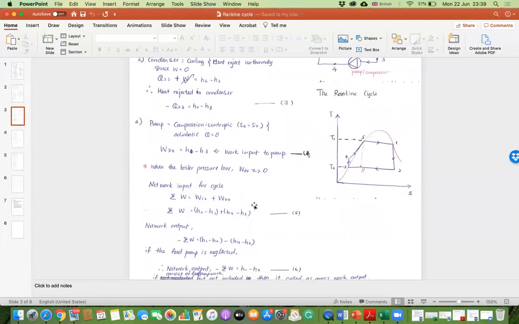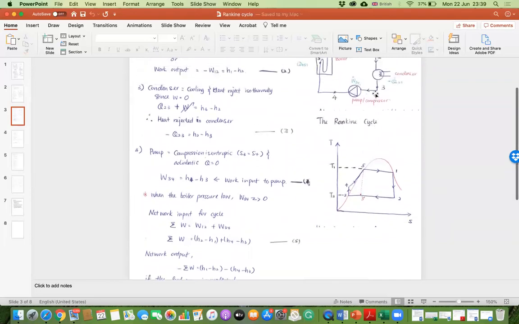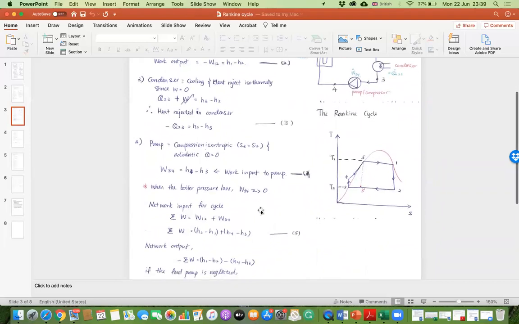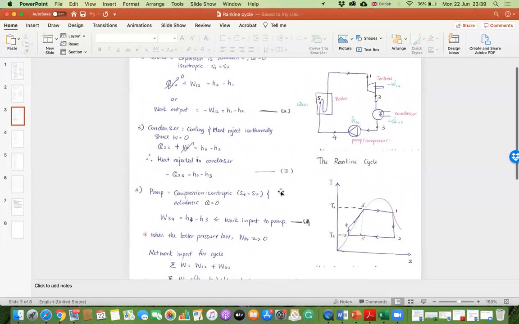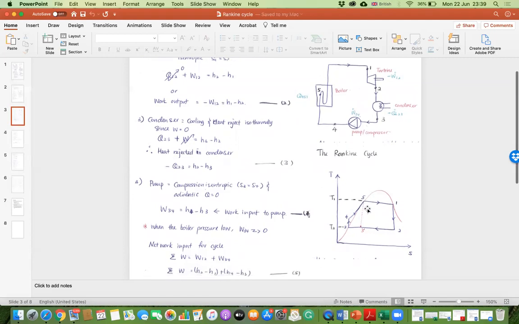When the boiler pressure is low, the work from 3 to 4 is nearly 0. So what is the net work input? Let's check. If we look at this equation, the work happens at the turbine and the pump, 3 to 4.